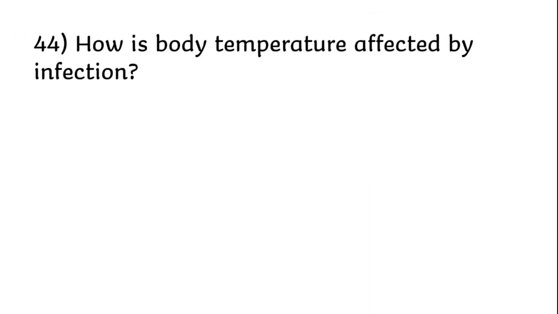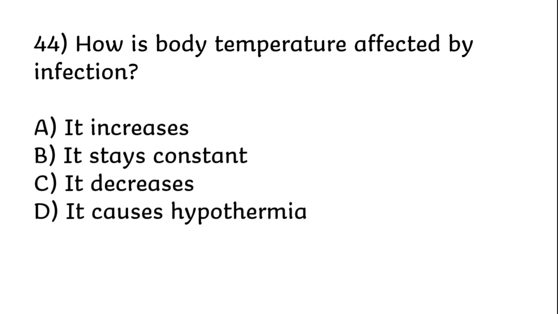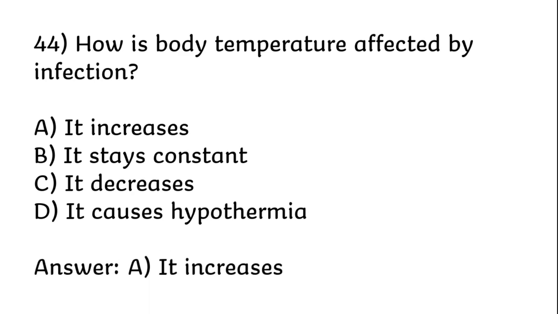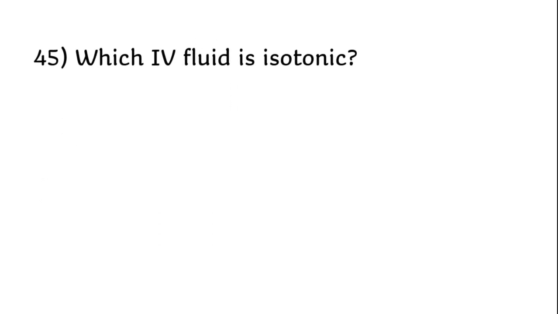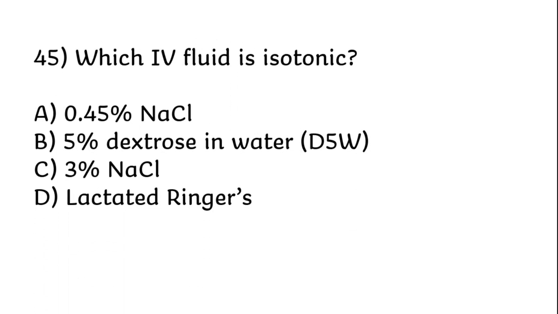How is body temperature affected by infection? It increases, it stays constant, it decreases, it causes hypothermia. Correct answer is option A, it increases. Which IV fluid is isotonic? 0.45% NaCl, 5% dextrose in water, 3% NaCl, lactated Ringer's.